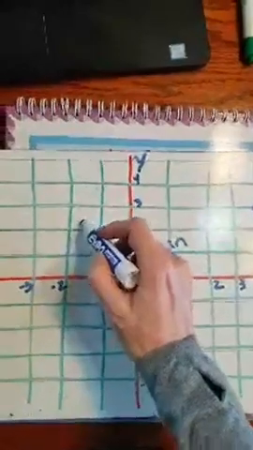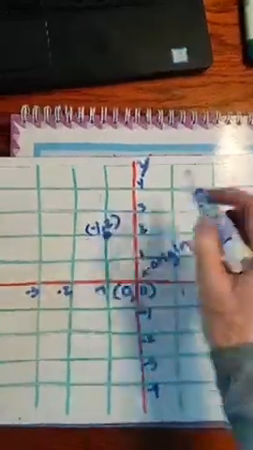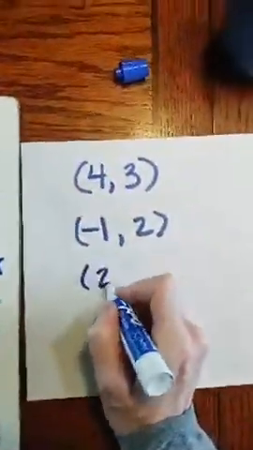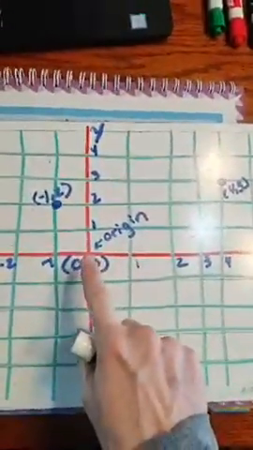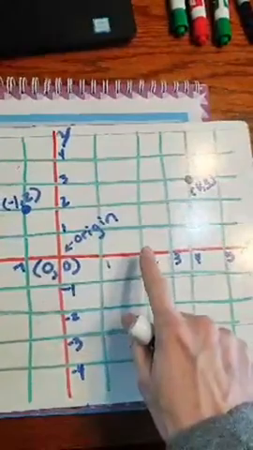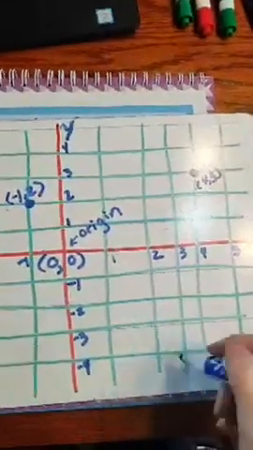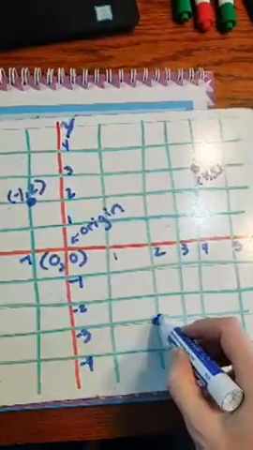Okay, -1, 2. All right. Remember, it's always important that we go across this way first and then up or down second. Okay, so let's try 2, -3. Across first, 2, then -3, down there.